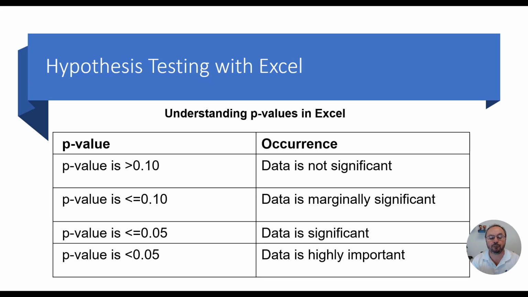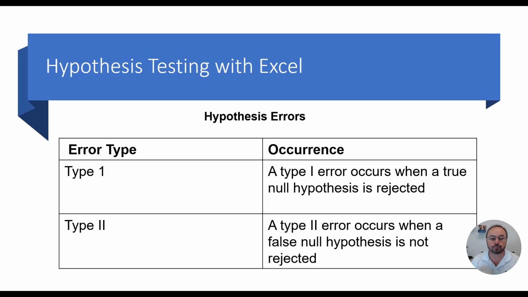On the other hand, if it's 0.10, it would be not significant. Again, these are values that we, as a data analyst, can determine: does this make sense in our situation or not? But for the exam, these are the p-values that are used in Excel that we'll want to know.